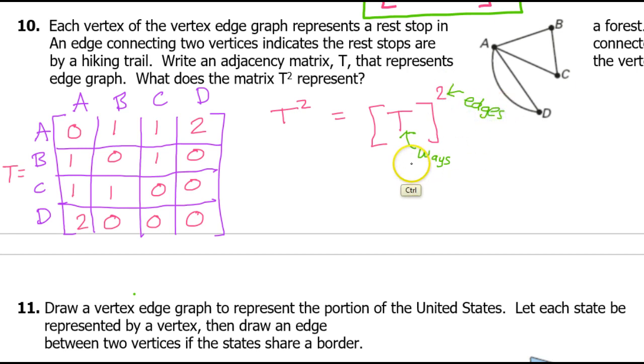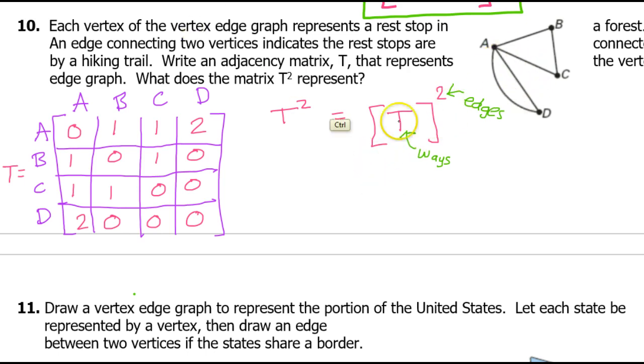So this is just very general. If I square a matrix, the numbers inside tell me how many ways I can do whatever they're talking about. And the 2 would mean I'm going to use 2 edges. In this case, we're talking about campsites and trails, so instead of edges, I'm going to say trails.